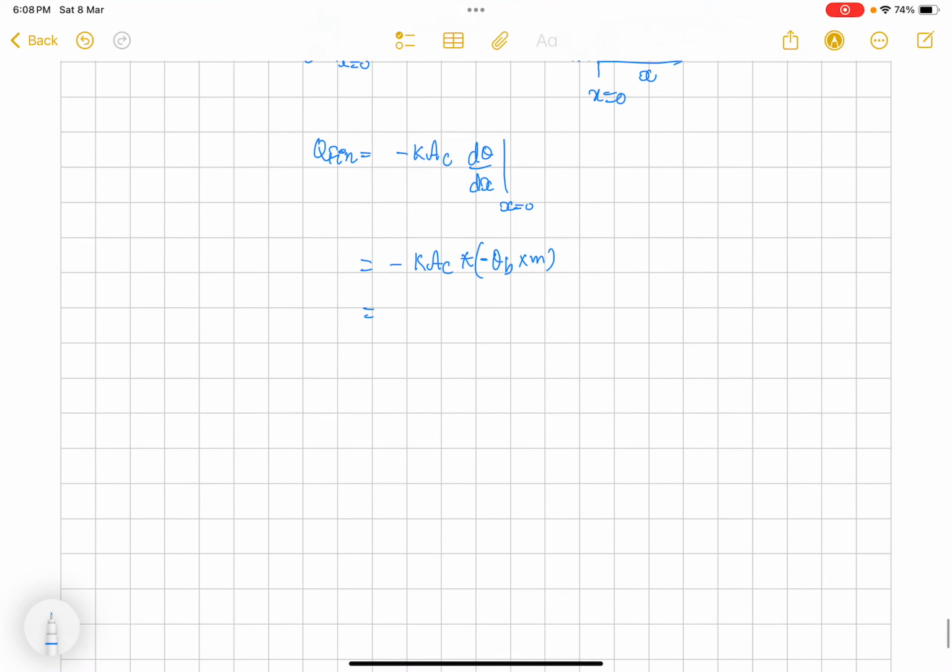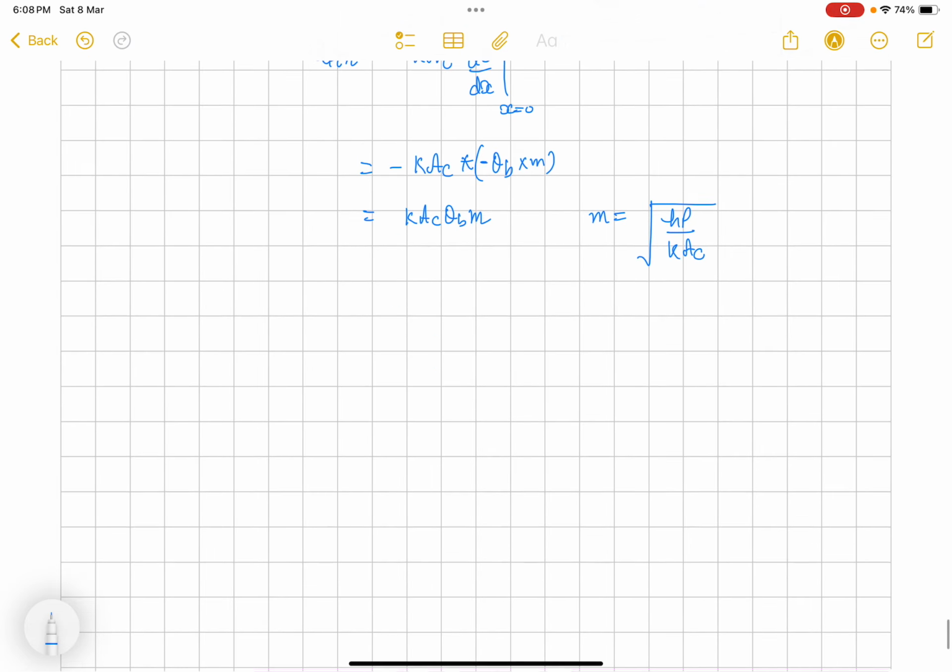We will have kAc theta_b m, and m we know is nothing but under root hP divided by kAc, right?